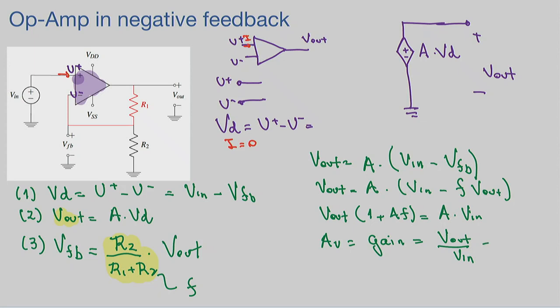And we know that V out over V in is going to be A over 1 plus AF. For the amplifier, we know that A is infinite. So when I take A to infinite, this leaves me with this gain, AV, that I just defined as V out over V in, being equal to 1 over F. Thank you.